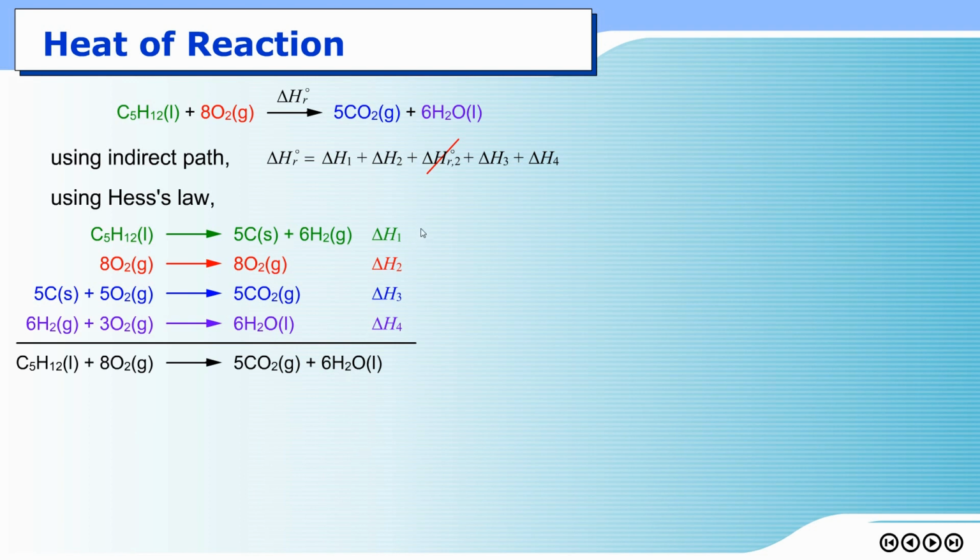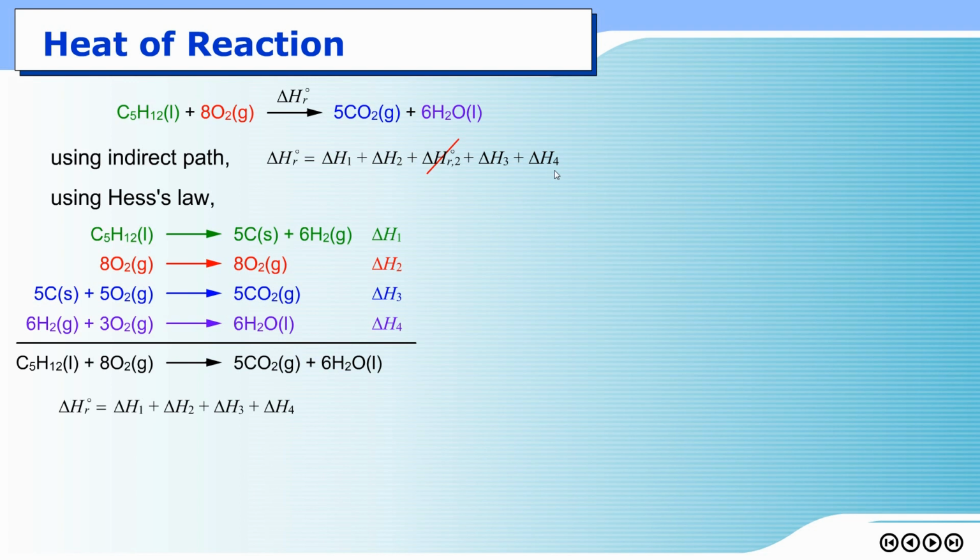So basically you take these 4 steps and add them directly. The delta H for the whole equation should equal the summation of delta H of all steps, just the same as what we did for the indirect path.